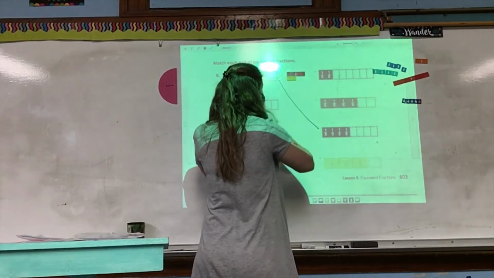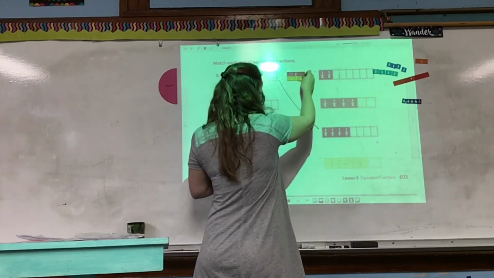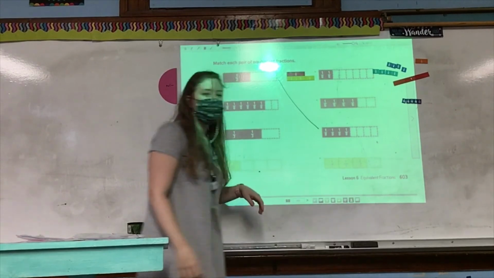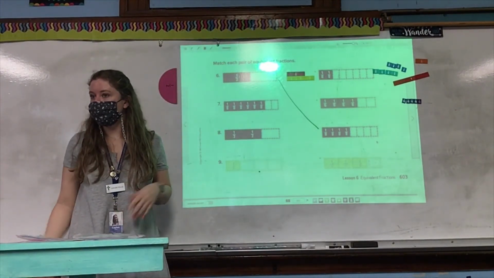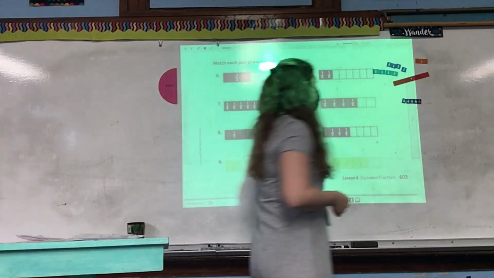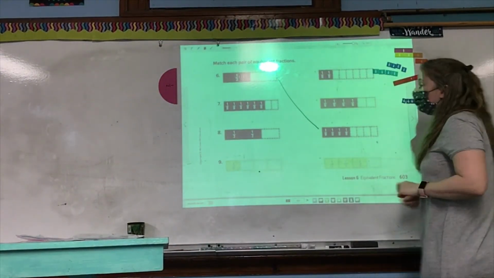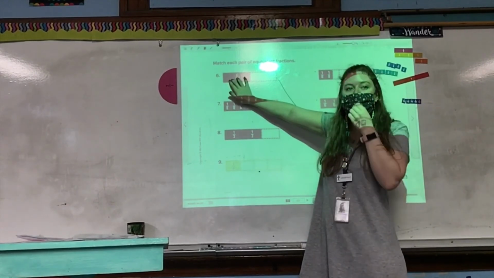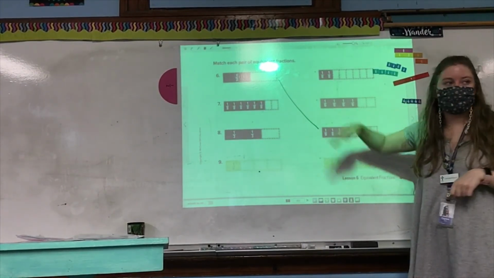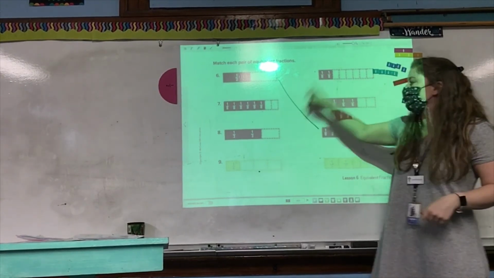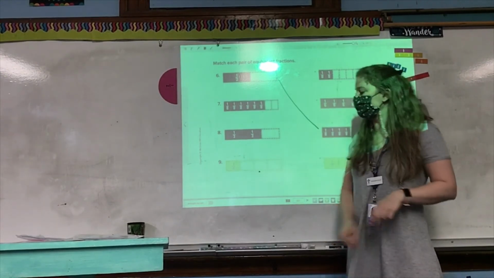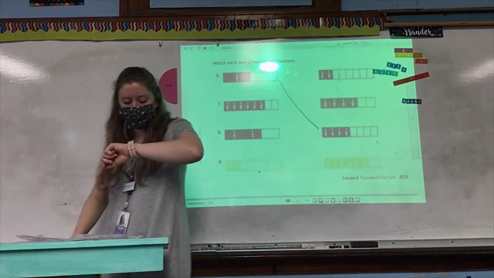Do those match? Are they equivalent? Class? No. So that's how you use the fraction tiles. You create one fraction and then you line the rest up. These are going to match only one. So you're not going to have 2 lines or 3 lines or whatever coming from any of these numbers 6 through 9. Okay, go ahead.